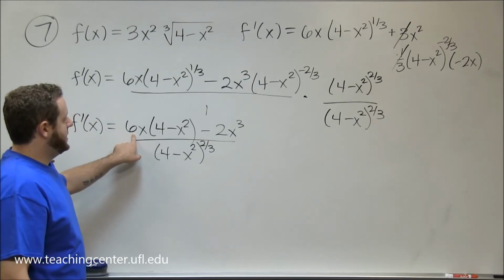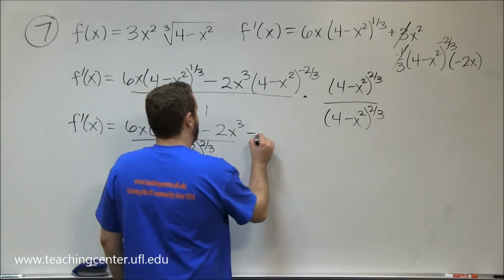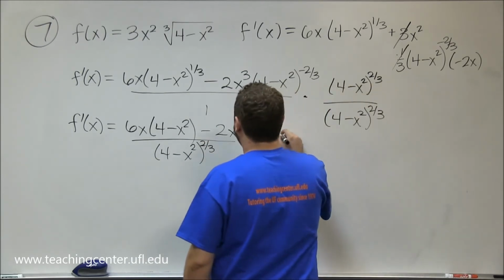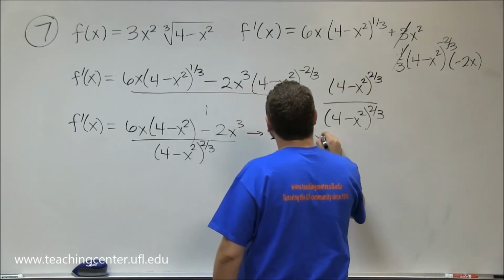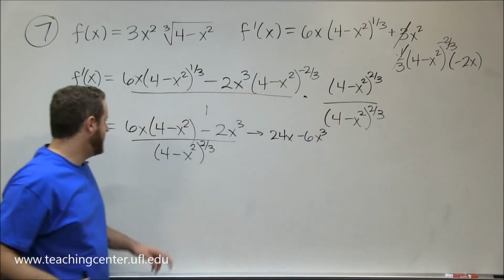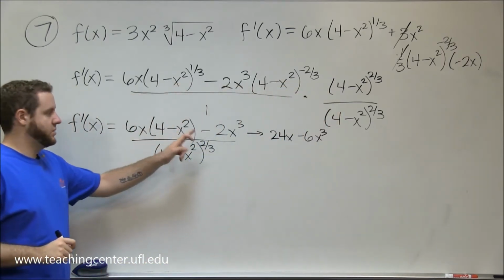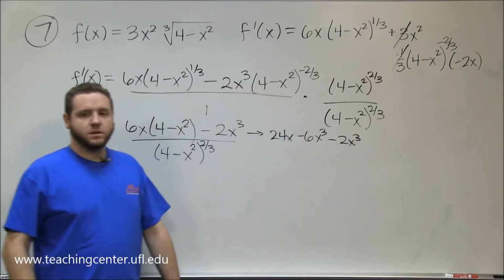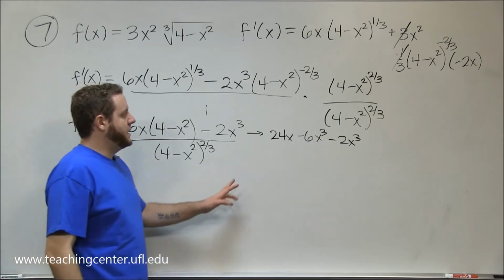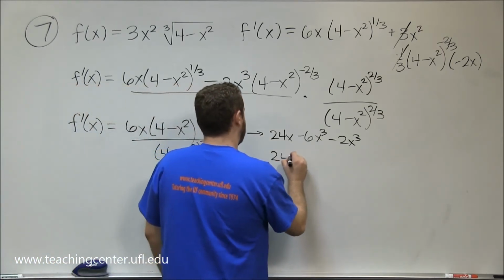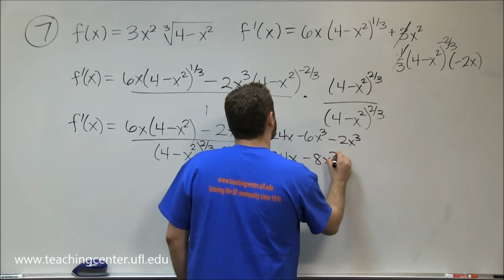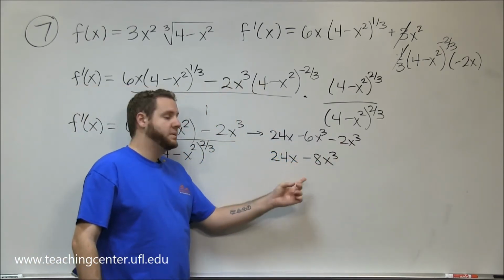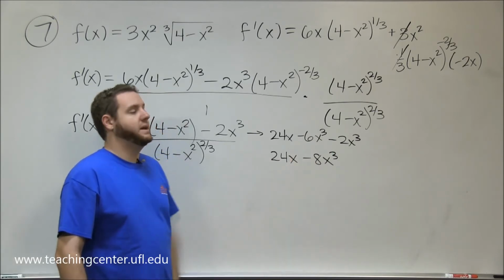Next, our numerator could be expanded here. I'll just rewrite the numerator. This would be 24x minus 6x cubed if we distributed the 6x across, minus 2x cubed. So you can see there we would get 24x minus 8x cubed if we combined the x cubed terms. Furthermore, we could factor out an 8x because both of these have an x in common, and both of them have an 8 in common.